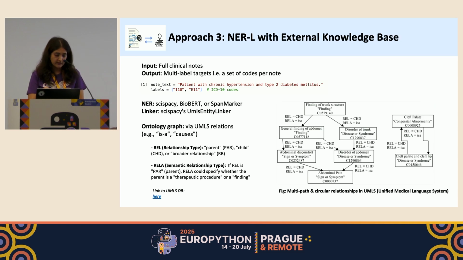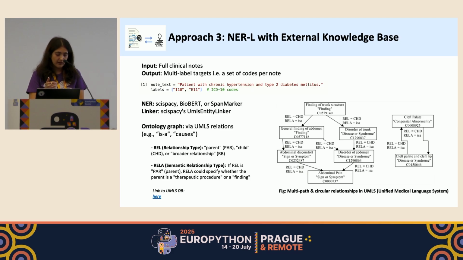If you look on the right side of the slides, you would see 2 tree-like structures here. If you closely follow through the chart, I would not go into a lot of detail. This is just to give some idea of how complex it can be. So there is this REL, which is the relationship type. It can mean parent, it can be of child type, it can be of broader relationship type.